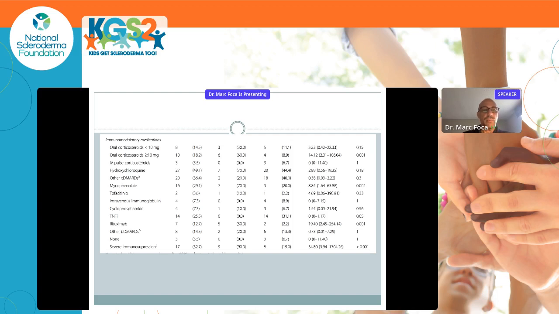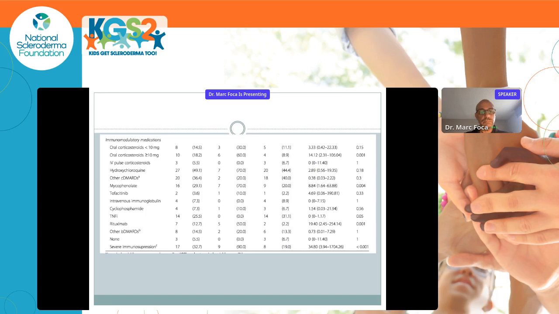They were also more likely to be admitted if they were on mycophenolate. They were more likely to be admitted if they were on rituximab therapy, and if they were severely immunosuppressed, meaning they were on more than one agent. Those patients who were on TNF inhibitors were actually less likely to be admitted.